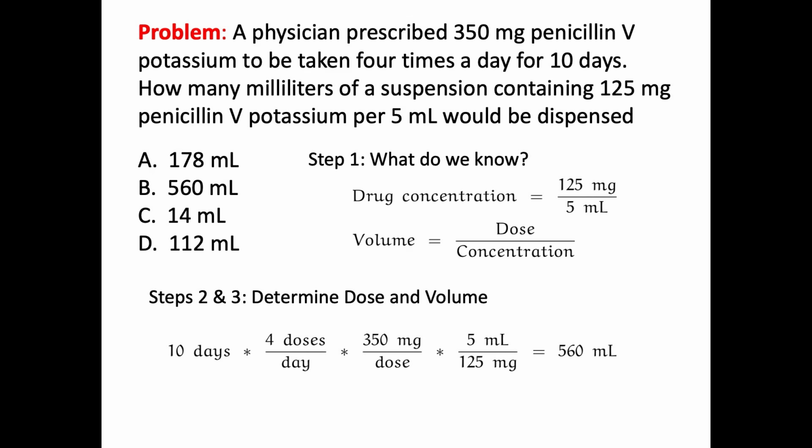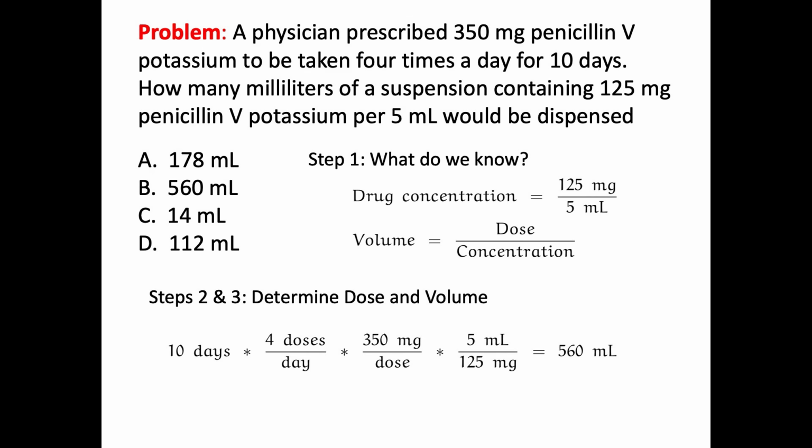To then use in our formula. But with the beauty of dimensional analysis, look down below in my work and you can see how this can all be done in one long series of ratios. We're going to make sure that our units match and cancel all the way across. The way I would approach this is that the amount of volume they're going to need is dependent on the dose, and the dose is dependent on the number of days.